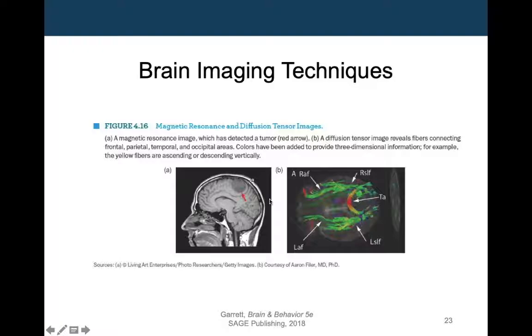So, as we see here, this is an example of, again, we're looking for the structure. And if we're looking at the fibers, which show all the structures here, the fiber structures are connecting your four lobes: the frontal, parietal, temporal, and occipital lobe areas.